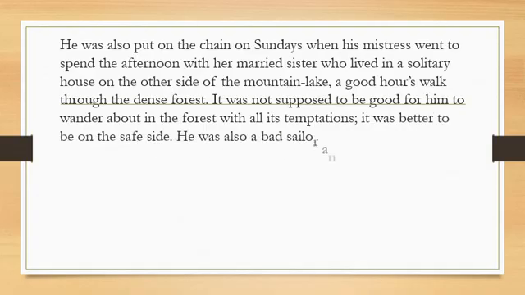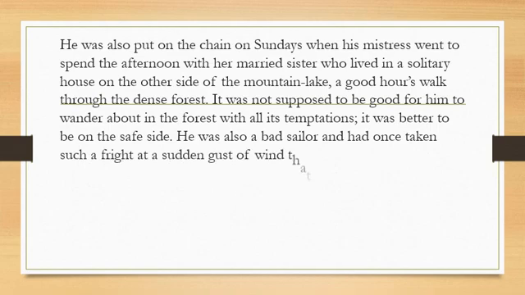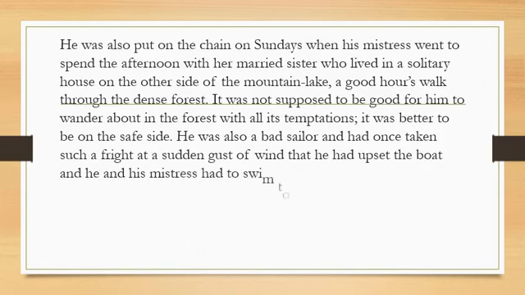He was also a bad sailor and had once taken such a fright at a sudden gust of wind that he had upset the boat, and he and his mistress had to swim to the shore.